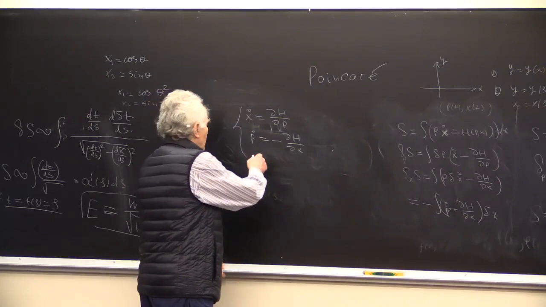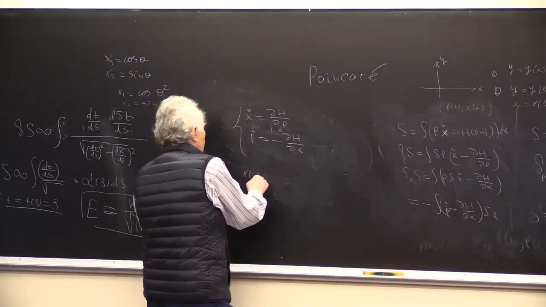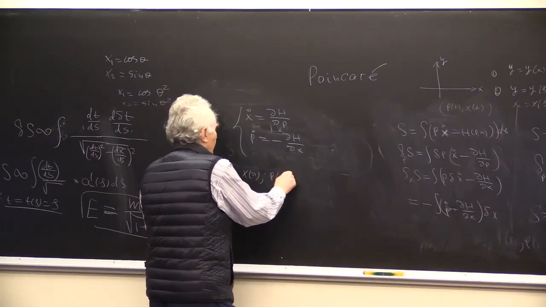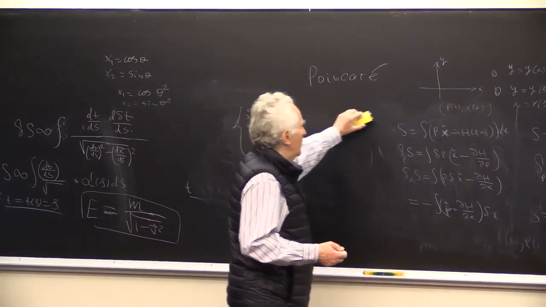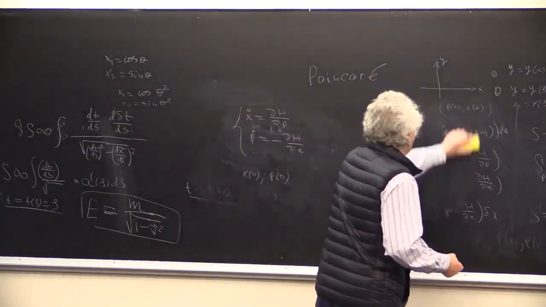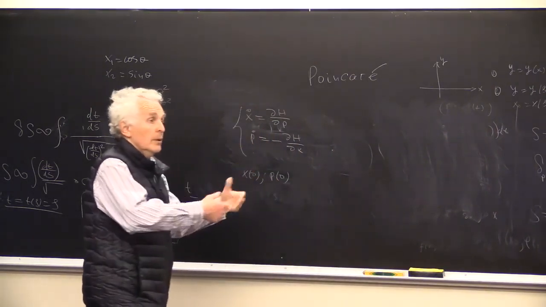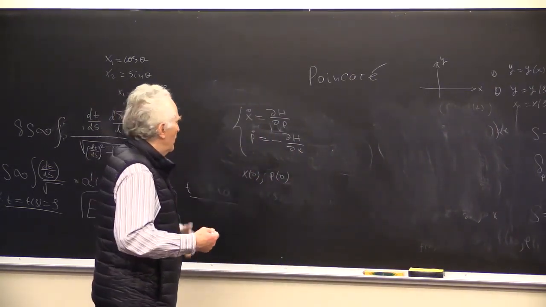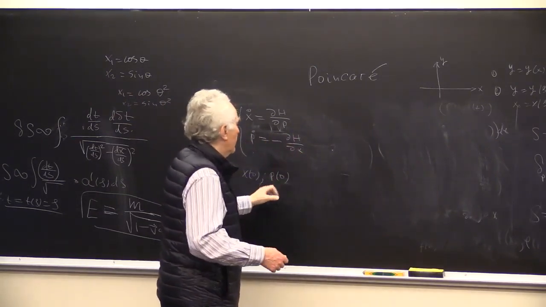In order to fix a solution, you have to fix only x0 and p0. How to see this? That's the last point for today. How to see that it's enough data to find the trajectory, at least nearby.